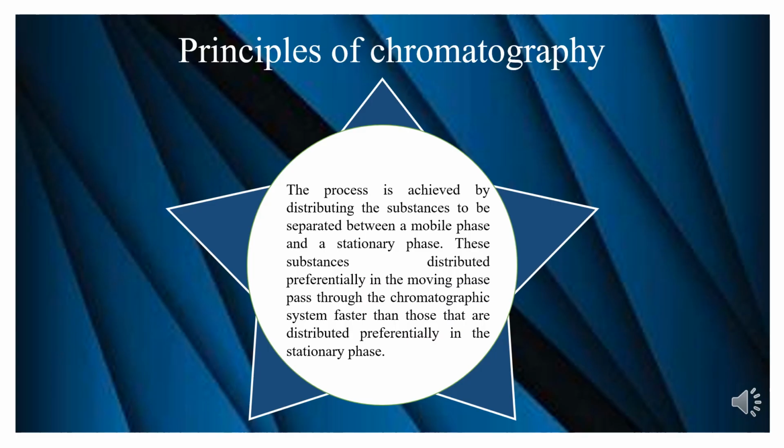Coming to the principles of chromatography and how it works. In all chromatography, there is a mobile phase and a stationary phase. The stationary phase is the phase that does not move, and the mobile phase is the phase that does move. The mobile phase moves through the stationary phase, picking up the compounds to be tested.